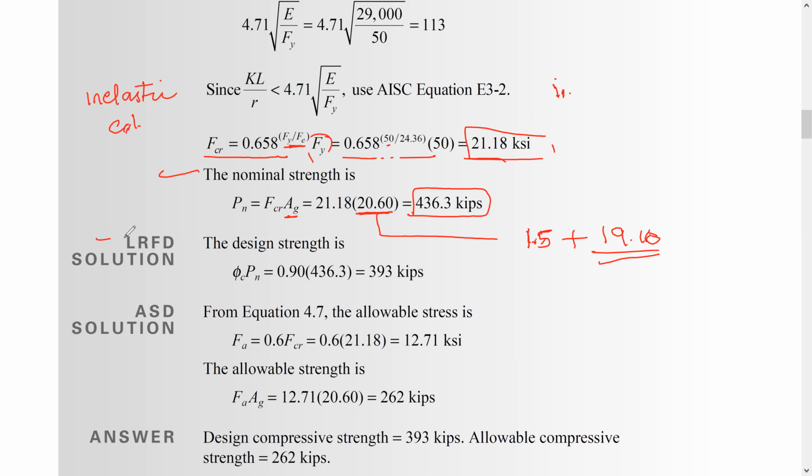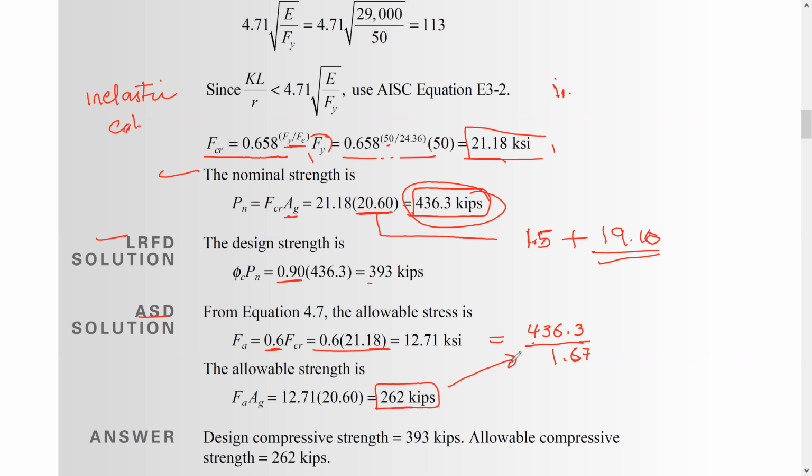So right now let's use the LRFD method. Just times 0.9, you will get 393 kips. And for the ASD method, it is going to be this much here, dividing by 1.67, which is 0.6 times Fcr. Here, 436.3 dividing by 1.67, and this is equal to this, it will be this much.